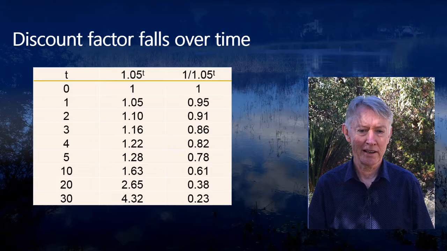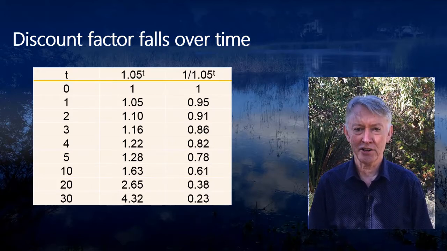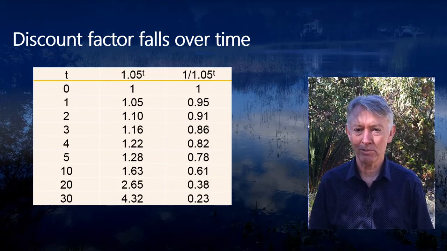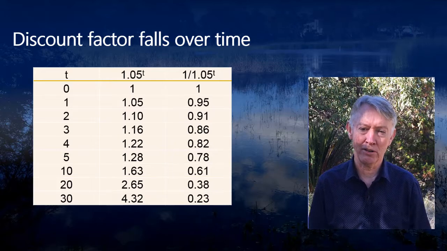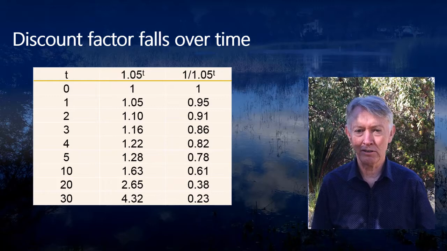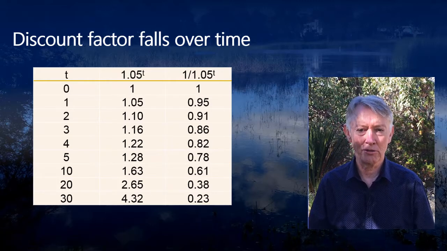That's growing, but 1 over that 1.05 to the T is shrinking because it's divided by a bigger number. And so the discount factor is getting fairly small. You can see that by the time we get to year 30, the present value of something 30 years in the future is only 23% as large as its nominal value in that time frame.